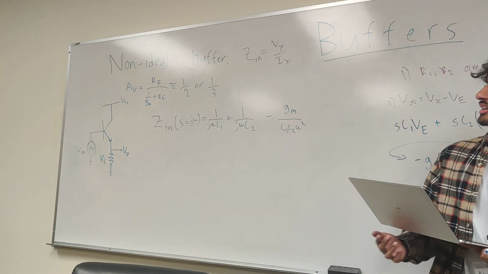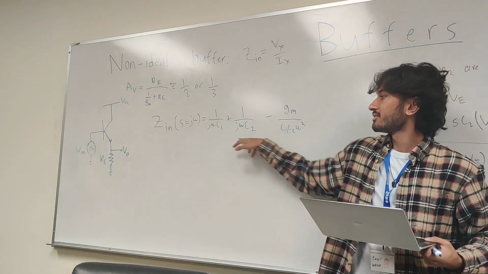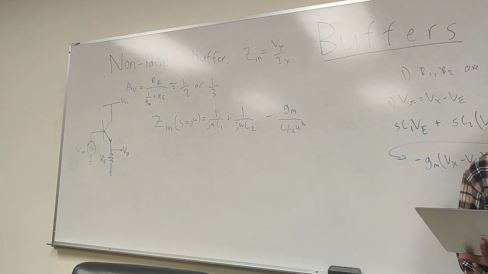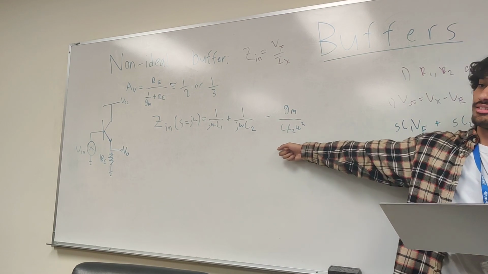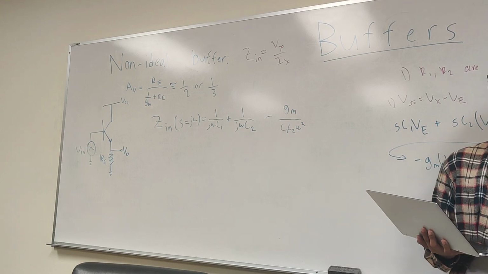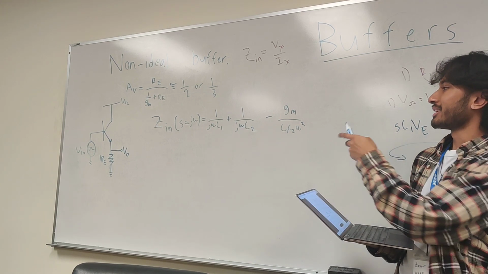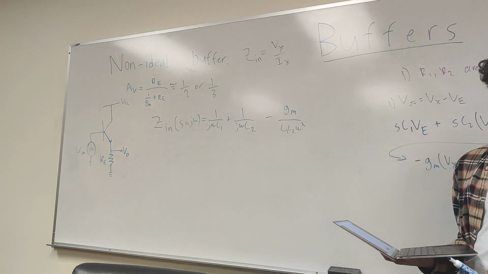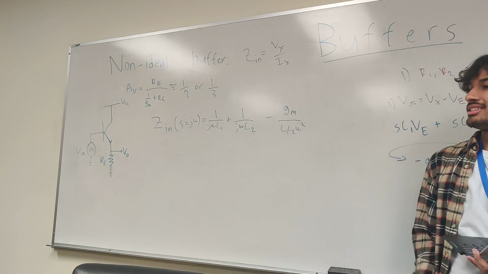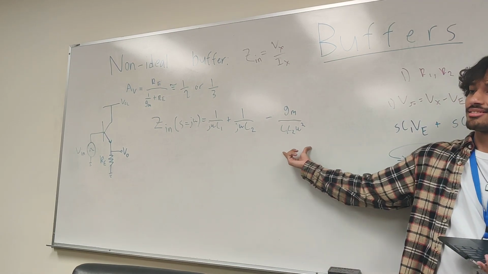These two are still positive, these two C1, C2 terms, just like these two. But now, this term is negative. Can someone tell me how the negative came about? S squared. Exactly. So we plug in J omega, J squared is minus 1. So now we just get this minus sign in front. You can see how we get some negative impedance now.